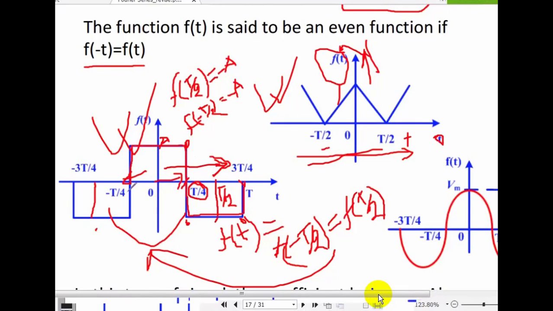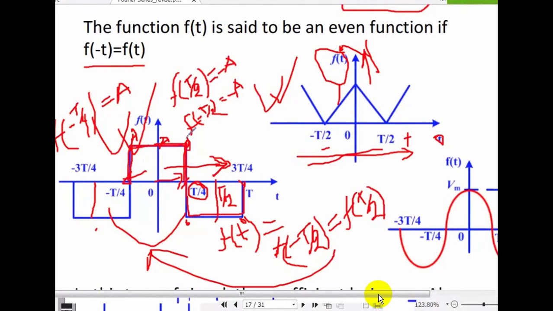So t by 4, minus t by 4. f of minus t by 4 equals how much? Starting from there, here is a, right? Again it is coming and falling down.